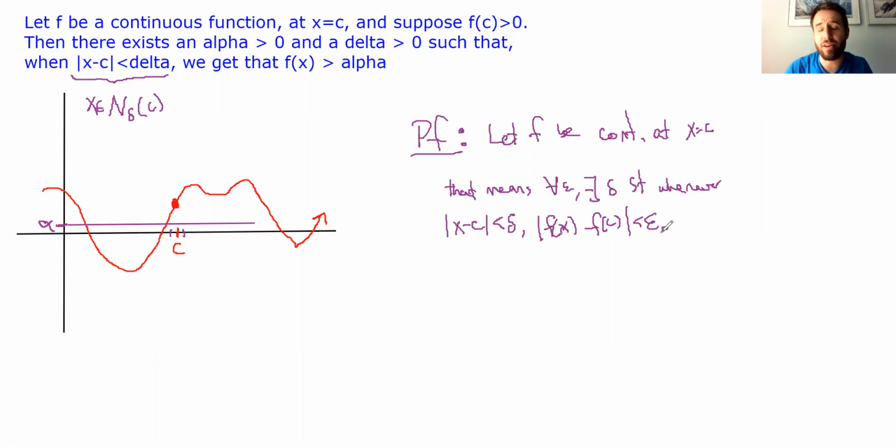So this is a fact that we know, and this fact holds true for every epsilon. No matter what epsilon we plug in, we know that there exists a delta so that the rest of the statement holds true.